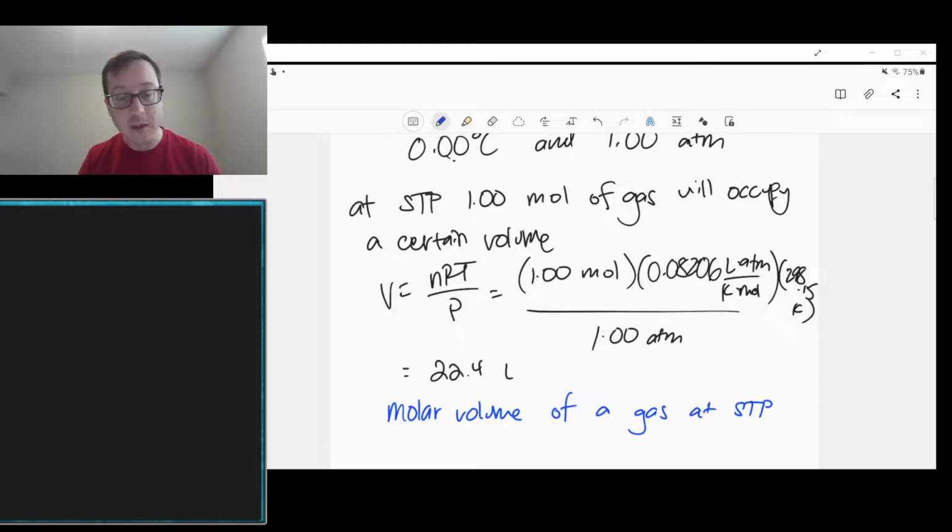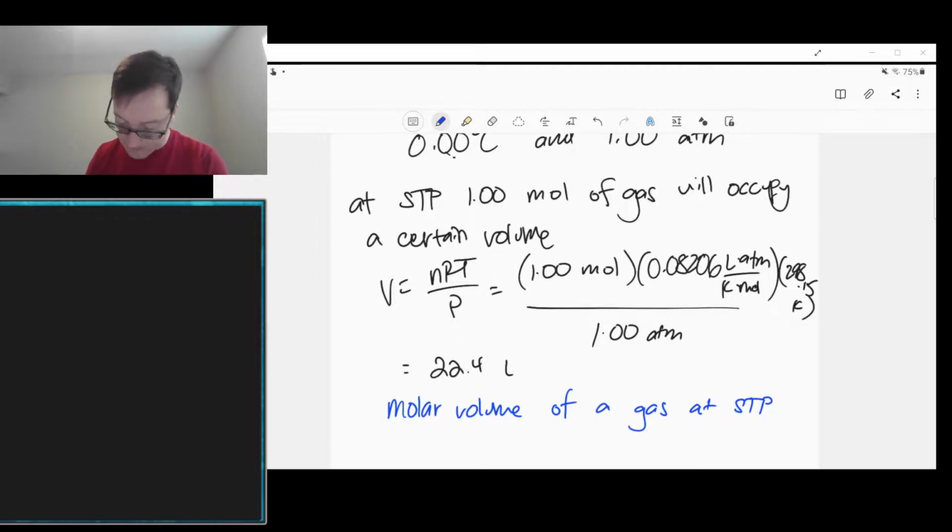at STP. And remember, this volume applies for any gas. So it doesn't matter if it's xenon, methane, trichloroethane, whatever, some random gas you have. It will occupy 22.4 liters at STP, which makes these things very convenient for us if things are at STP.